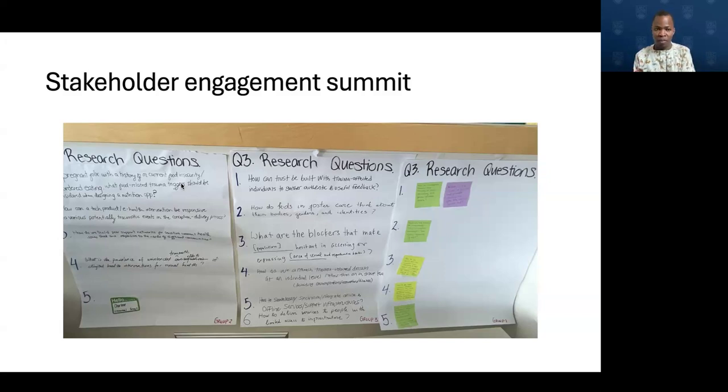And we conducted this stakeholder engagement summit because the literature doesn't exist on trauma-informed design of digital health. If anybody at all, they are mostly either software engineers or computer scientists that have done a little bit of work in this area. And from the healthcare perspective, nothing has been done.